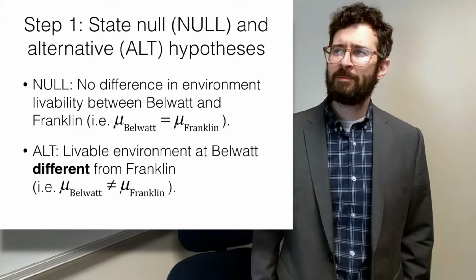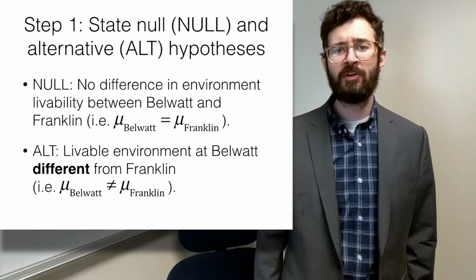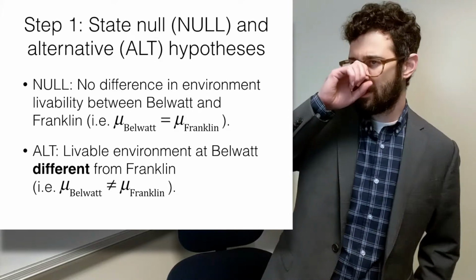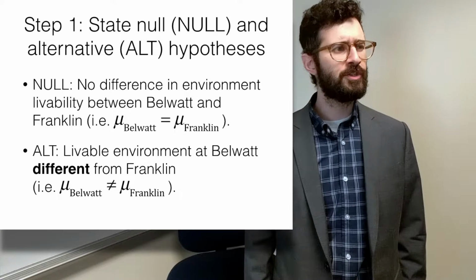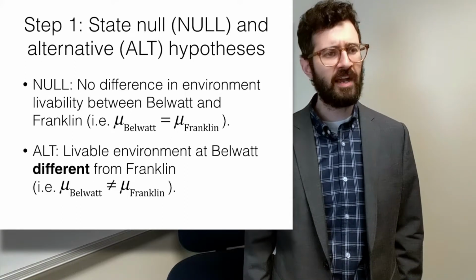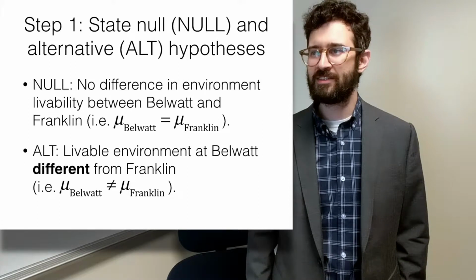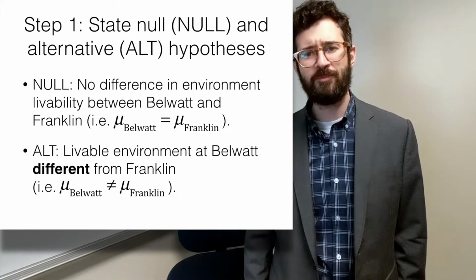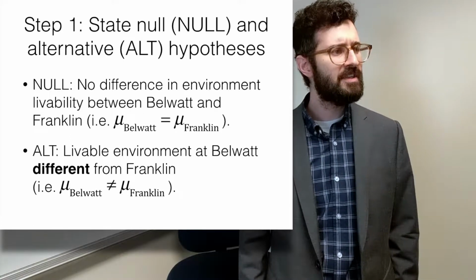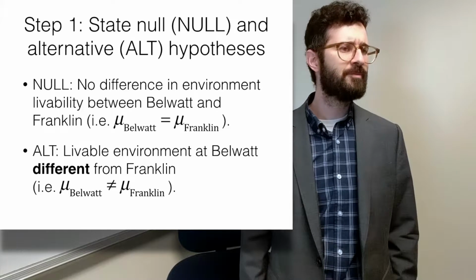So when thinking about the null and alternative hypothesis, especially when we're talking about comparing 2 groups, I often think about the null hypothesis as being your traditional doubting scientist hypothesis. So the doubting scientist is the scientist who is always skeptical, who always believes that nothing works, that things are never different.